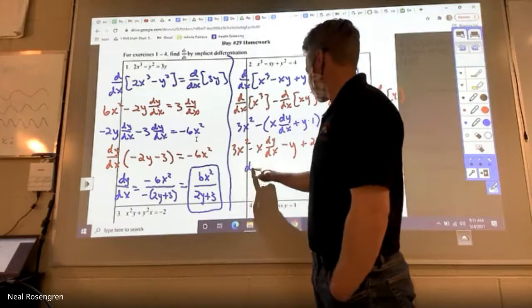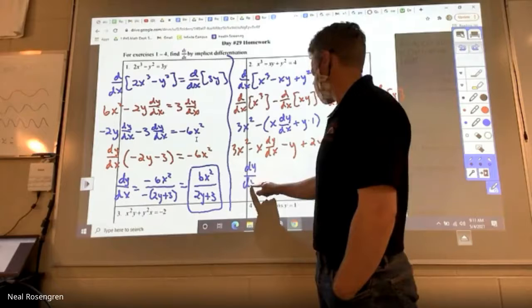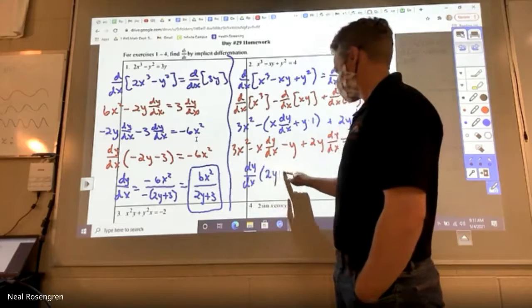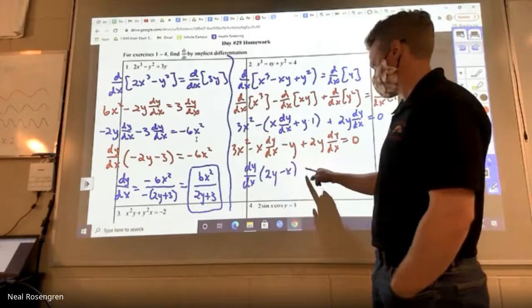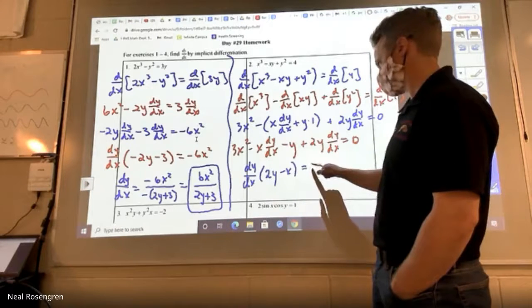Run out of space, so I'm going to factor at the same time. I keep it in a nice order, putting the 2y first and then the negative x. I'm going to slide this over.